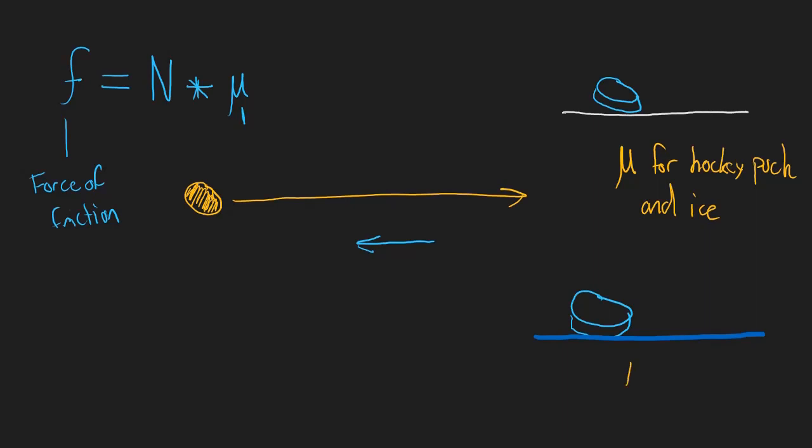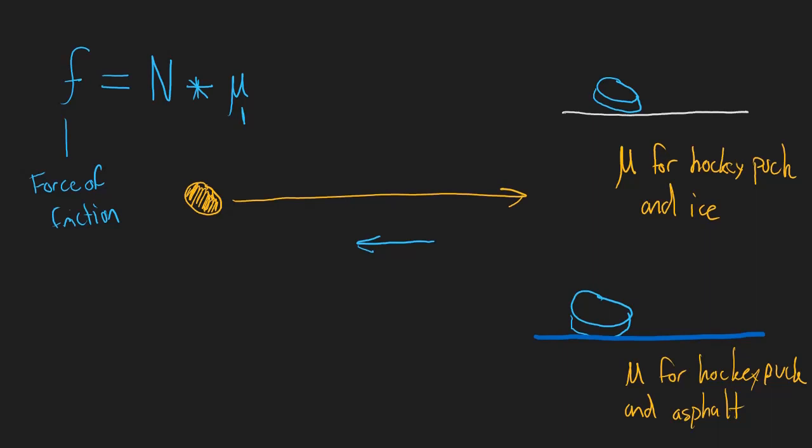So mu for the hockey puck and asphalt is much higher. The coefficient of friction for asphalt and the rubber of the hockey puck is much higher. And so mu is a constant for two given surfaces that are touching each other.